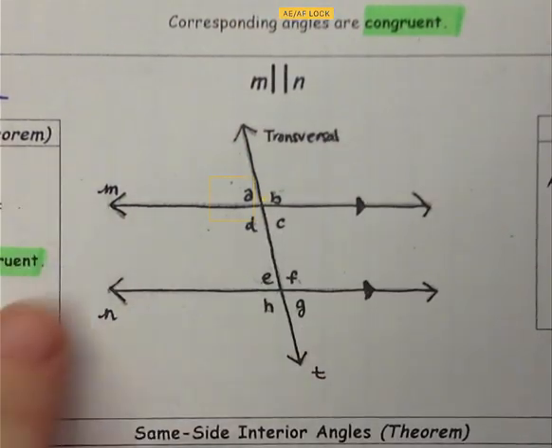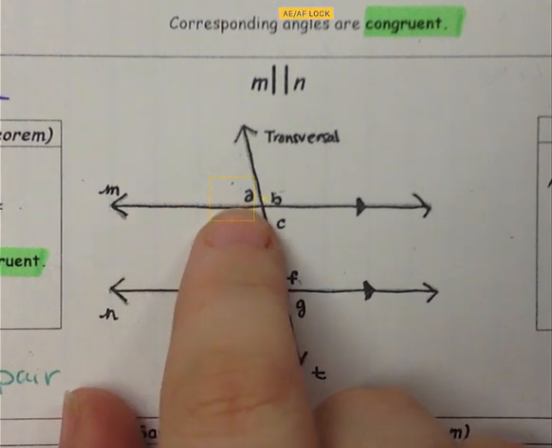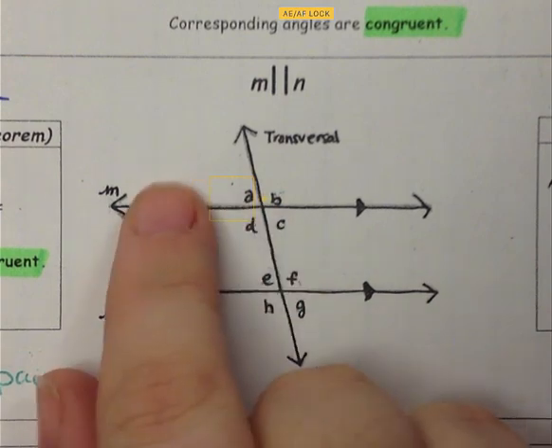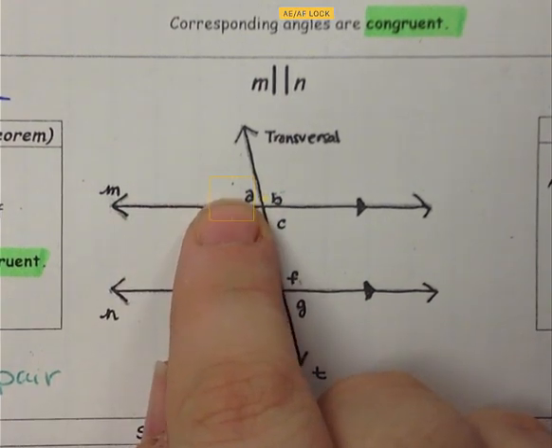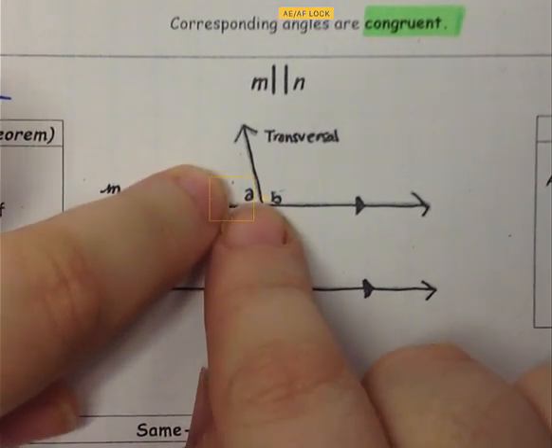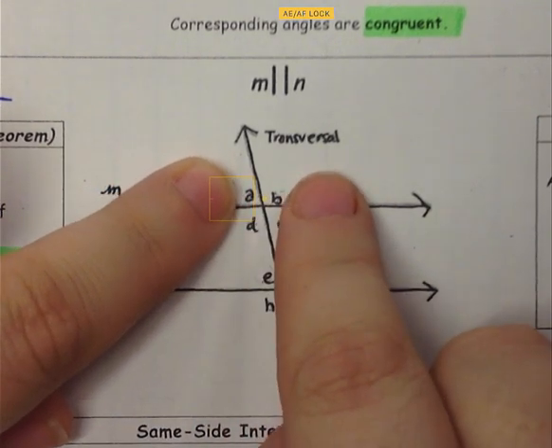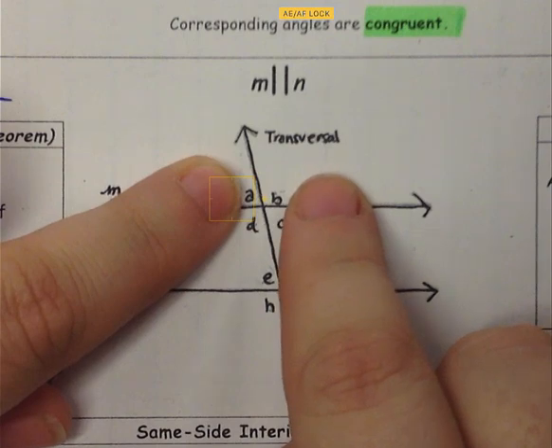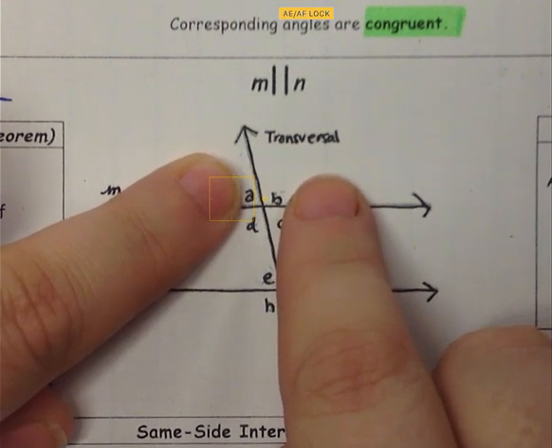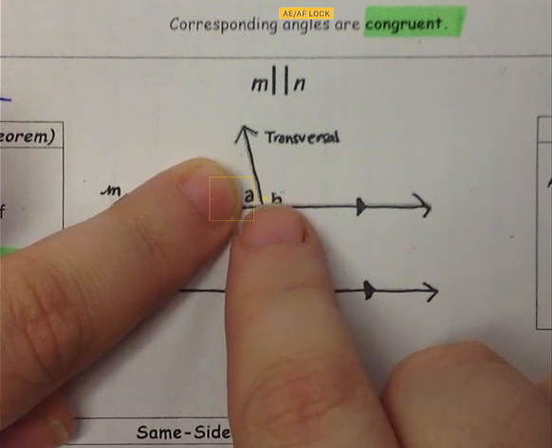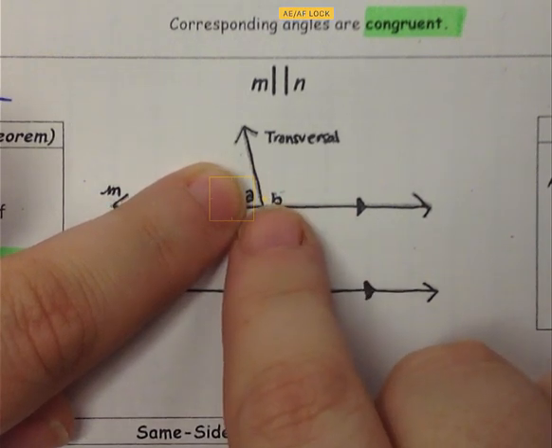So if you pick one angle, if we pick, let's say A, because A is actually all the way on the top, and it's on the left-hand side. Alternate exterior is on the top left, so it needs to go onto the right-hand side, but they have to be on the outside, and they have to touch different parallel lines. So B is not good because it's touching the same line.